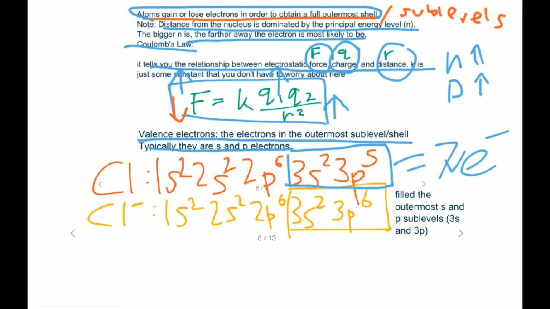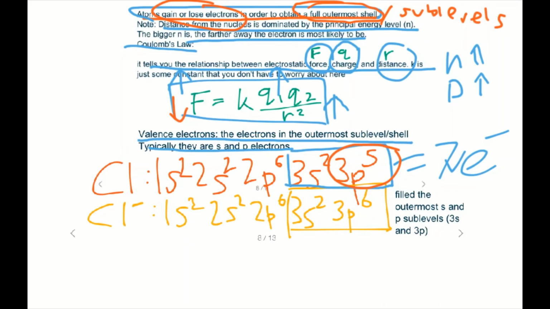So how does this atom become stable? Well, in order to become stable, the atom has to gain or lose electrons to obtain a full outermost shell. So this shell is obviously not filled. It's 5 out of 6. So in order to get from 5 to 6, it can simply add 1 electron.